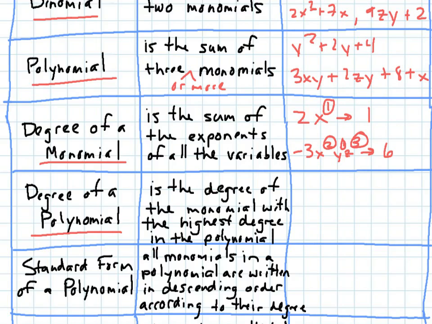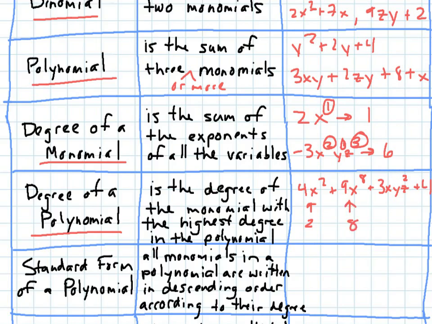Okay, so let's look at this. If I have 4x squared plus 9x to the 8th plus 3xyz squared plus 4, then looking at each individual one, 4x squared has a degree of 2. 9x to the 8th has a degree of 8.